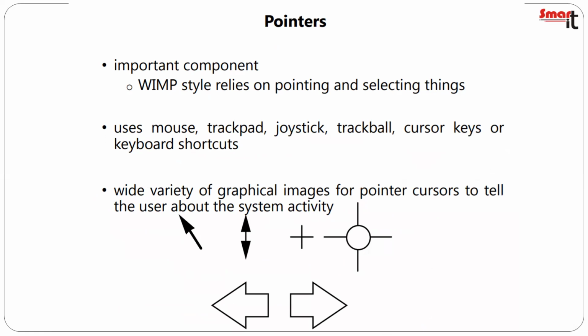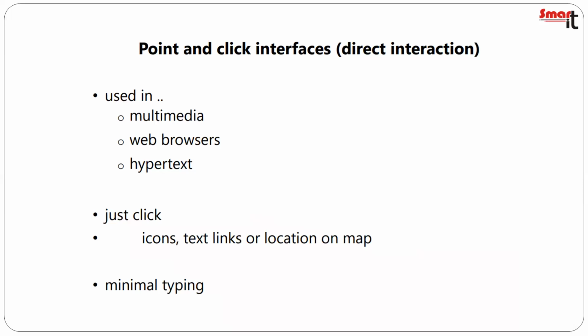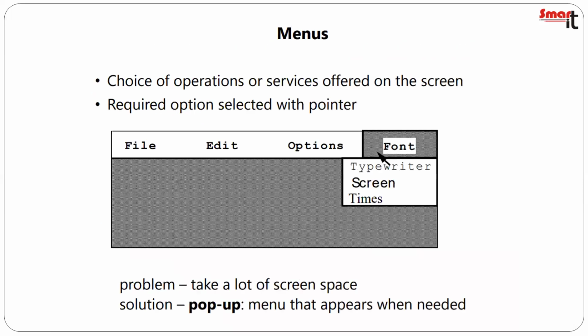The mouse pointer changes with the actions, right? When you use the fill handle, the mouse pointer looks like a plus. And if there is a hyperlink, the mouse pointer looks like a hand. And there are point and click interfaces. Sometimes you can point to something and click, and that is a direct interaction.